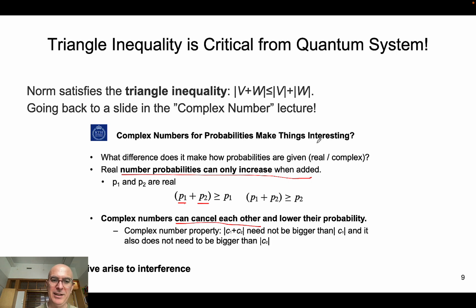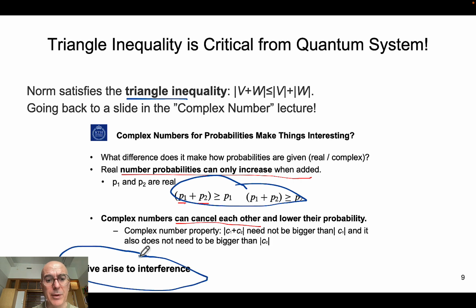If you remember, in the previous lecture, I talked about this property here. This is basically equivalent to the triangle inequality. So it's built into the definition of inner product applied to complex numbers. And we saw before that it is also given by the interference phenomenon.